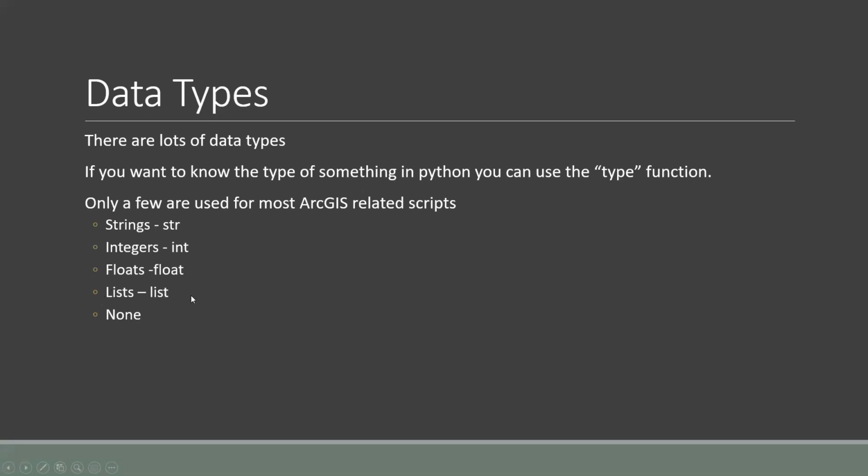If anyone has experience with another programming language, you probably are familiar with arrays. It's very similar to that, except a lot more flexible, which apparently is offensive to really professional programmers, software engineers. It's not something they like. And then we have the dreaded None type. If you are learning or just simply trying to debug something, the None type might sneak up on you and come out of nowhere.